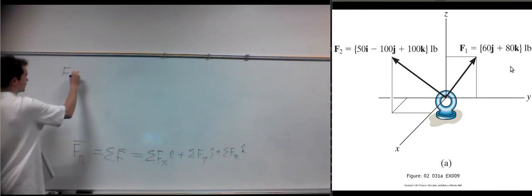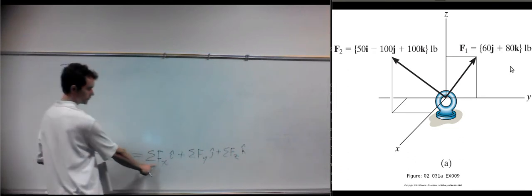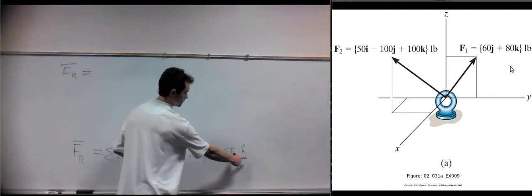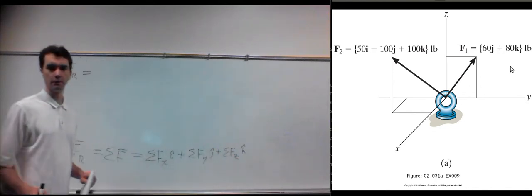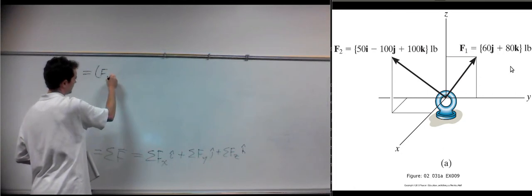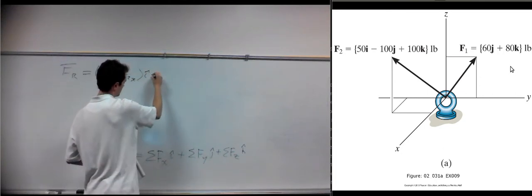The resultant force vector is equal to the sum of the x components times the i direction, sum of the y components times the j, sum of the z components times the k. So I'll write it out.